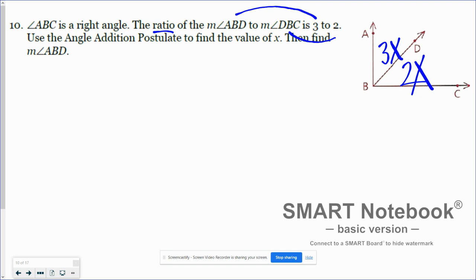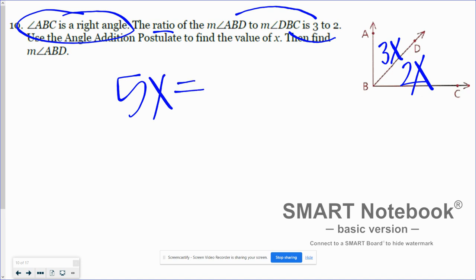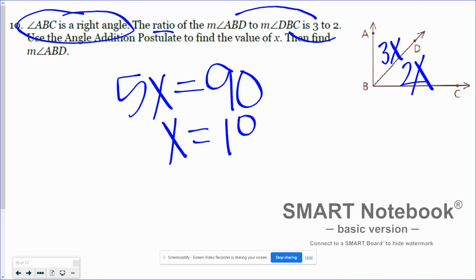And then remember, they said that angle ABC was a right angle. So I can say that 5x is equal to 90. And then I can solve for x. So I get that x is 18. Now this problem says, what is the measure of angle ABD? ABD is 3x. So if I multiply that by 3, I get 54, and that's the measure of angle ABD.